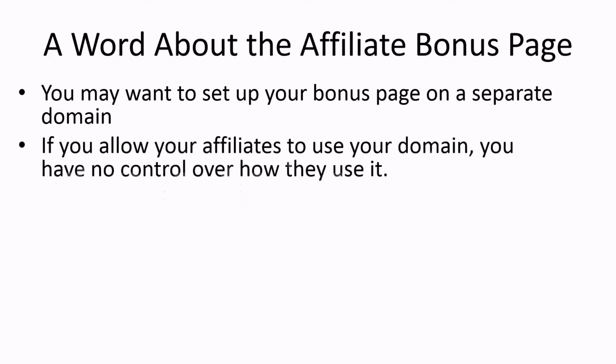And if you're going to allow your affiliates to use any one of your main domains, like your JV domain or even your product domain, let's say your product is going to be on one domain, you're going to be delivering it in subdirectories, you want to be careful about giving affiliates that domain to promote your product.